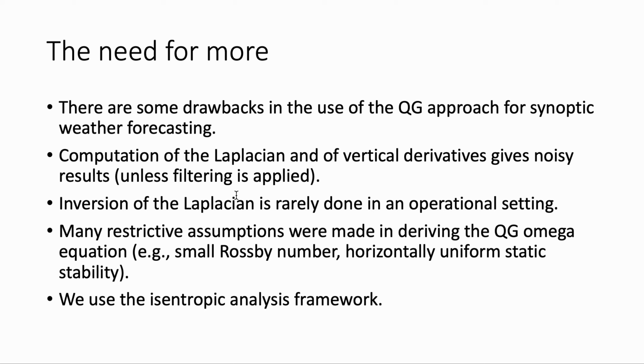And the second thing is that the QG approximation is very restrictive in many regimes, right? And so you have to have a small Rossby number, you have to neglect friction and orography and so on. And there are many times in which you have situations where QG doesn't really work and you have to use something else.